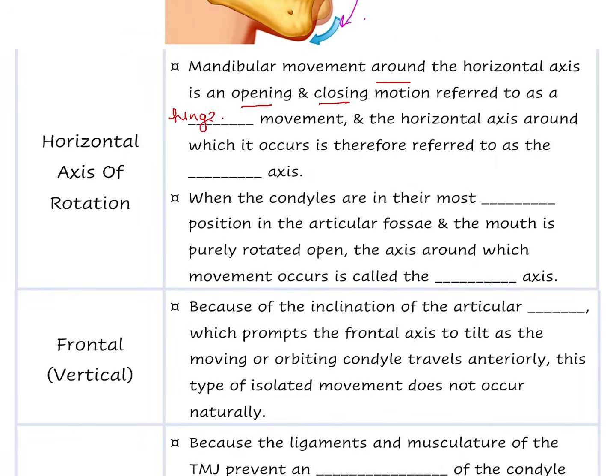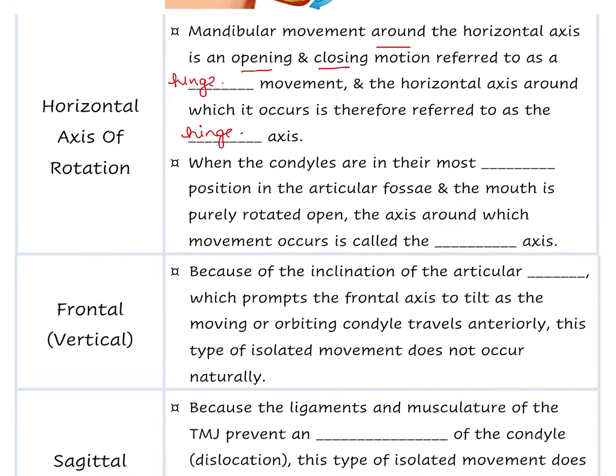The horizontal axis around this is known as the hinge axis. When the condyles are in their most superior position, we spoke about the superior position when we spoke of the centric relation, in the articular fossa, and the mouth is purely rotating, the axis around this is called the terminal hinge axis.